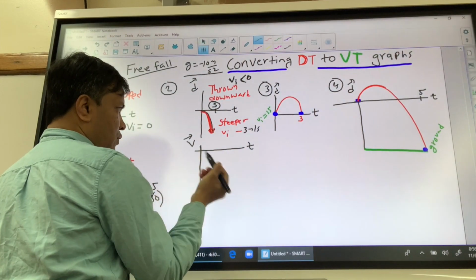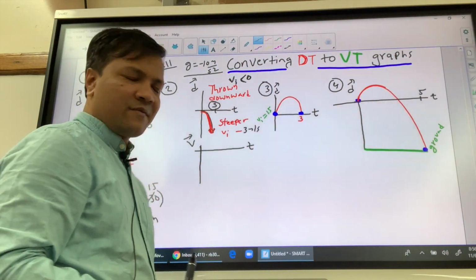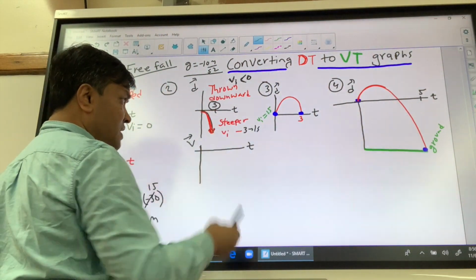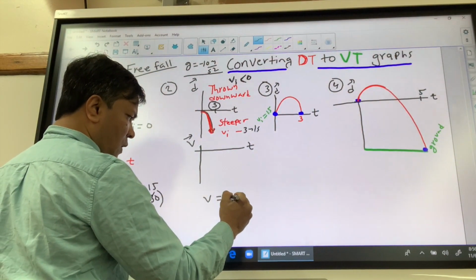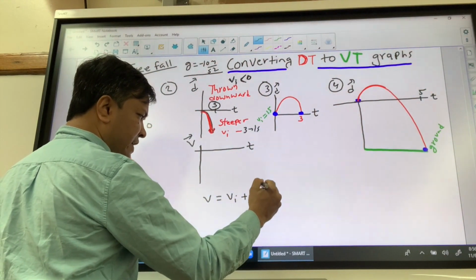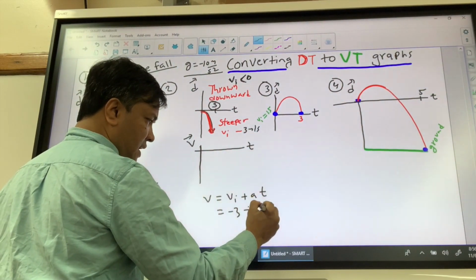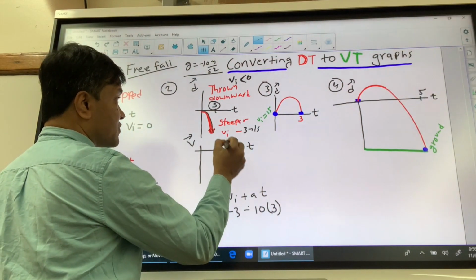So we have to find the final velocity. Probably you want to think about how we're going to find it. Final velocity is very easy, negative 33, since initial velocity is negative 3. If you don't know how, you can always check your guess. This is negative 3 minus 10 times 3 seconds. The total trip is 3 seconds.